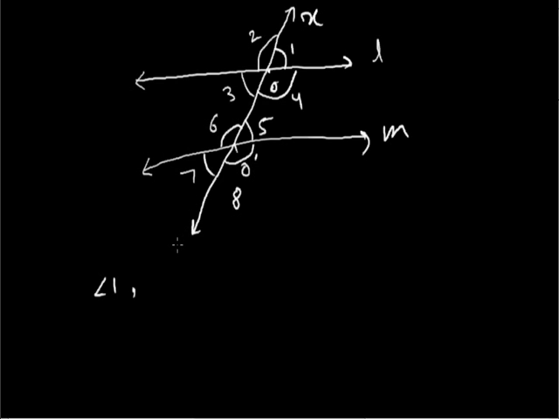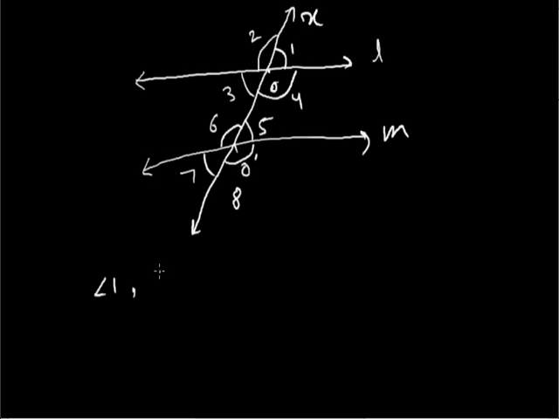Let us check for angle 1 and 3. Their one pair of arms is on the opposite side of the transversal, and the other pair of arms is not directed in the same direction. That's why for this pair we cannot apply the definition of corresponding angles. Similarly for angle 1 and 4 we cannot apply the definition.